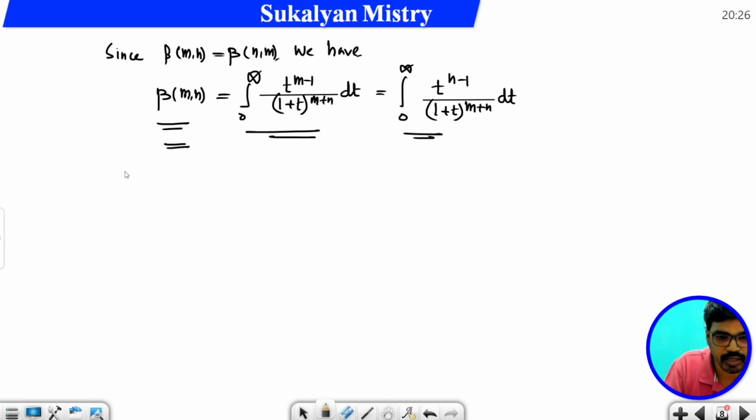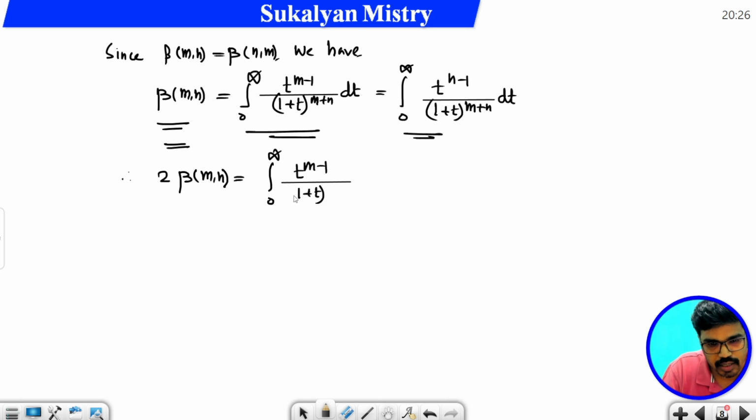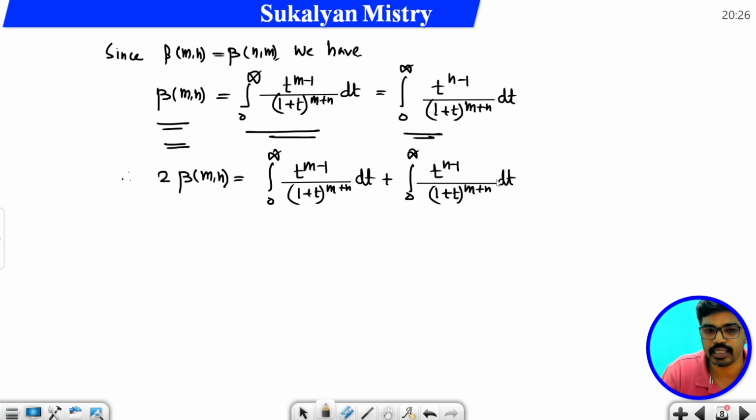So therefore 2 beta m comma n, this plus this, that is integration 0 to infinity t to the power m minus 1 divided by 1 plus t to the power m plus n dt plus integration 0 to infinity t to the power n minus 1 divided by 1 plus t to the power m plus n dt.